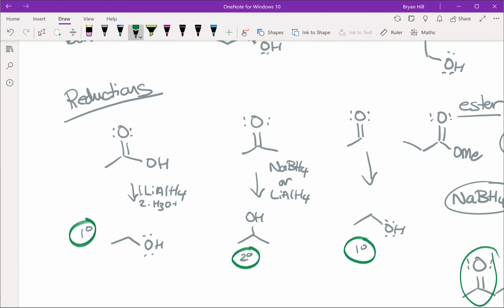You can make them from these same sort of reagents. So you can use these sort of starting materials, but it's a different reagent.